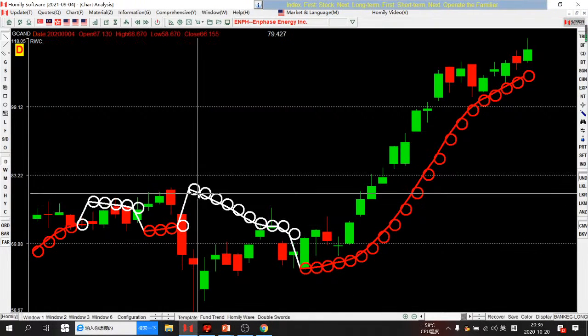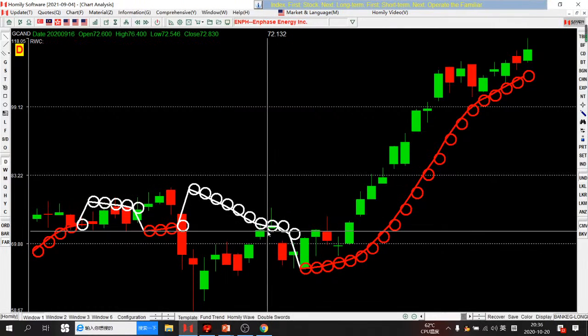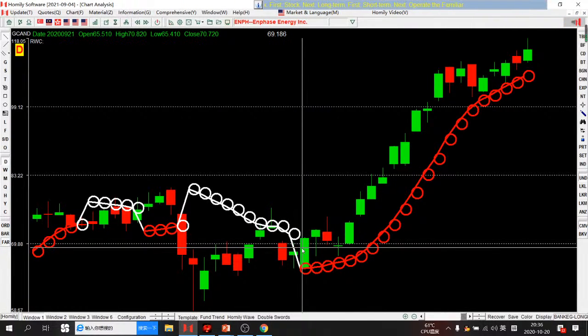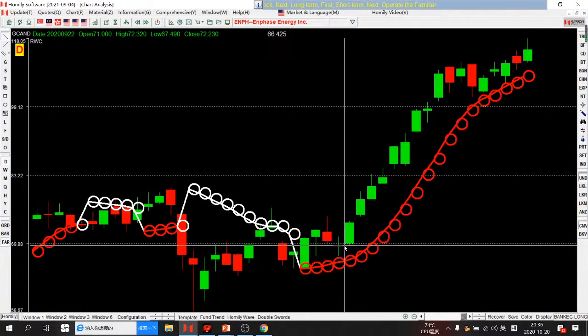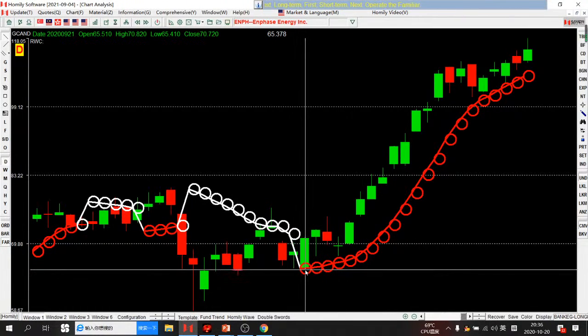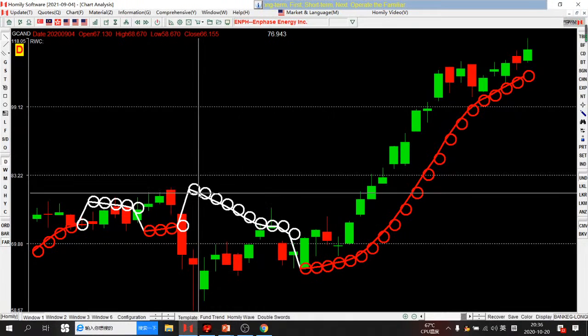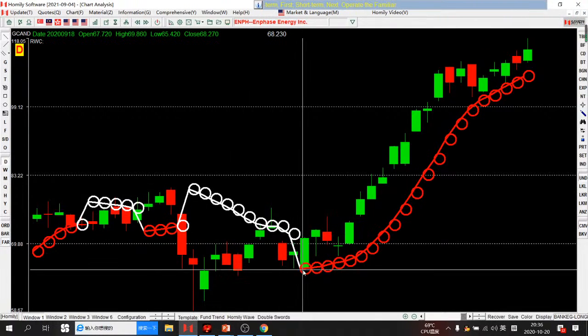For example, this is an example of a stock, and this stock uses the red and white circle. Then it tells us very clearly when the white circle turns to red circle, that is our buy point. All right.